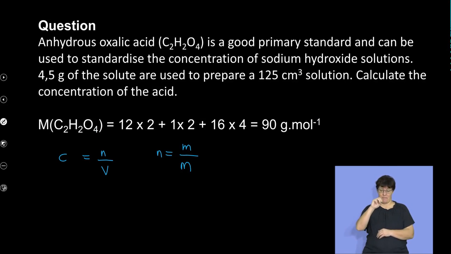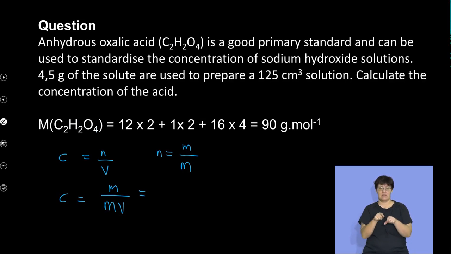So as a result, we can safely say concentration is equal to, this is from the data sheet, mass over molar mass multiplied by volume. So what is the mass of the solute that dissolves completely as we form this standard solution? It is 4.5 grams, divided by the molar mass of oxalic acid, which is 90 grams per mole.